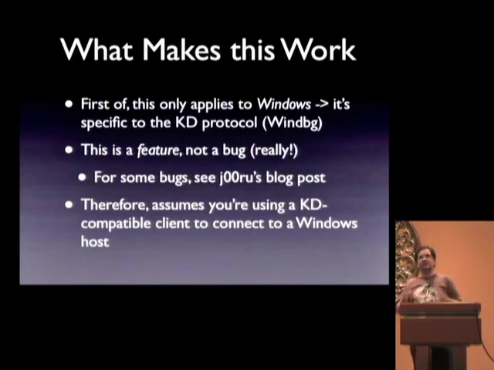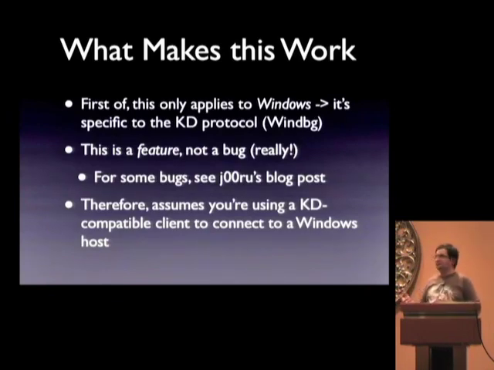But it's specific to KD. So if you're using WinDbg, IDA over KD, anything that uses the Microsoft KD protocol. The best thing about this attack is that it's not a bug. It's an actual feature. And I'll get back to that. So it's not something that could easily be fixed because it would break functionality that's being used internally.